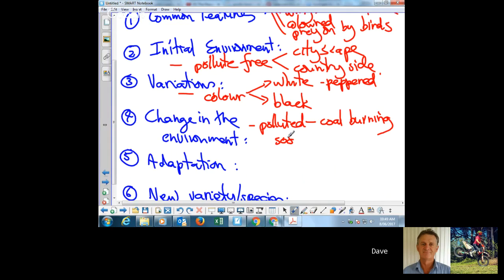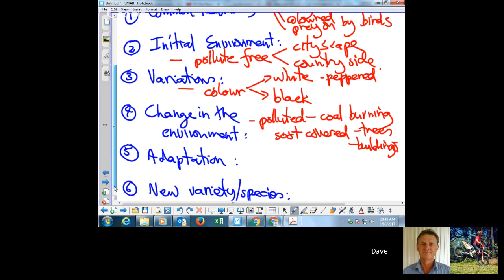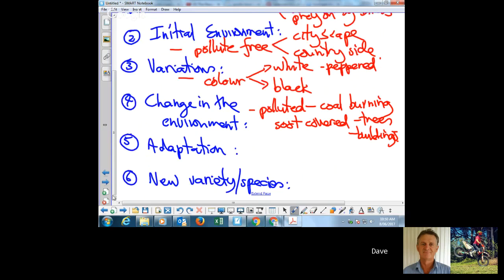So we had soot covered trees, buildings, so the moths now are living not in a nice clean environment, but of various colours, but a lot of things were now blackened.